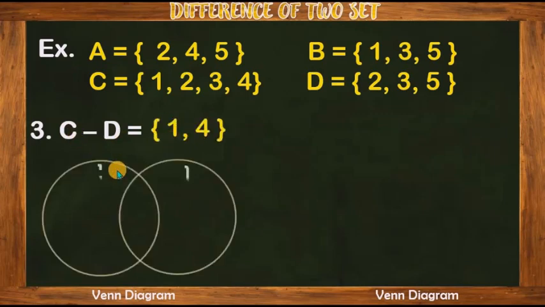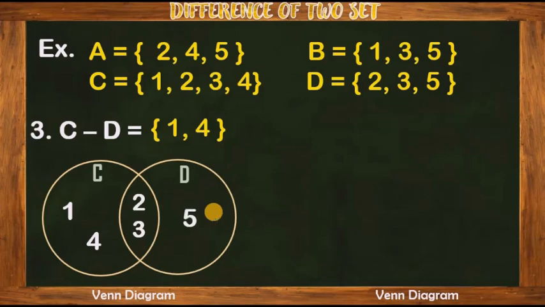Now, using the Venn diagram, since they have common elements, so again, remember when writing the elements in a Venn diagram, always start with the intersection, which are the common. So that is 2 and 3. And then afterwards, complete the elements in set C and then set D. Okay? Then after that, let's try to shade.